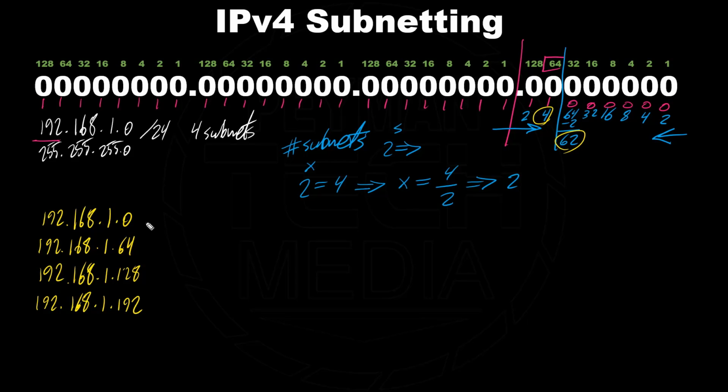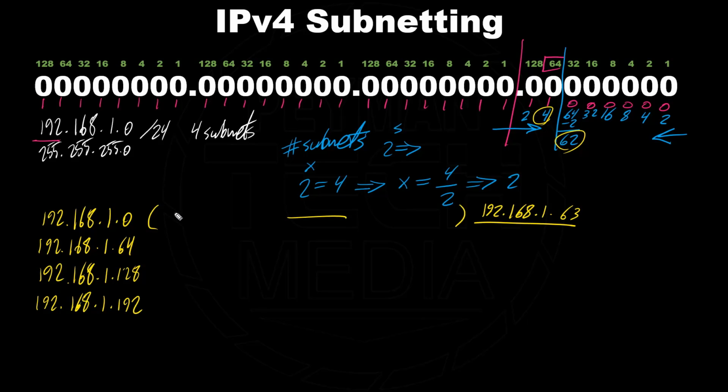For example, if we take a look at the first subnet here, let's write the broadcast. Always the broadcast is one less than the next subnet. Next subnet is 1.64, therefore it should be 192.168.1.63.